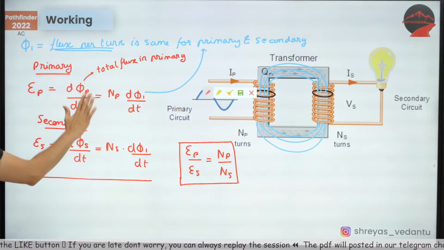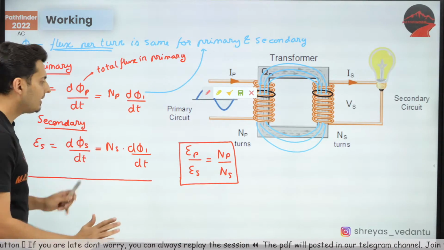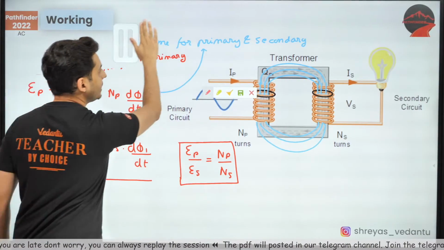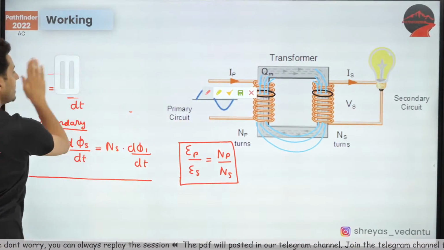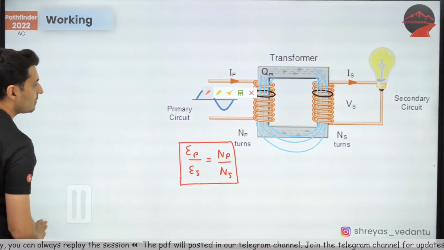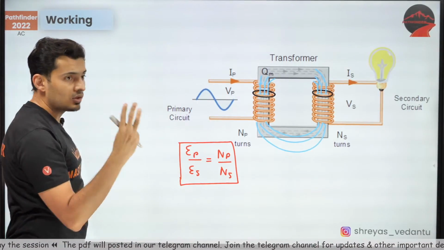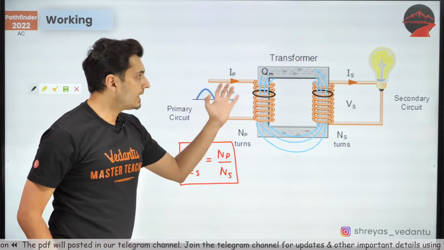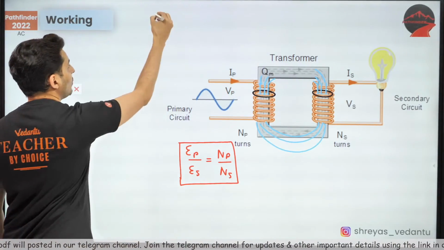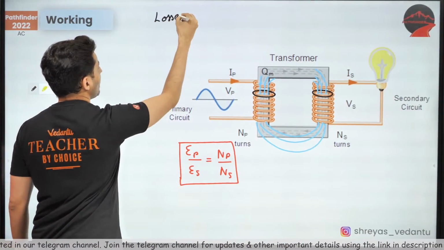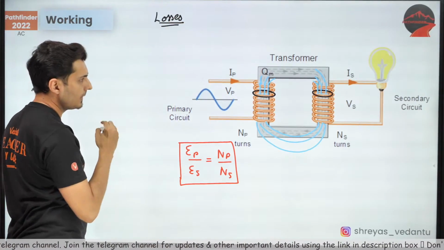Alright. So a very, very important derivation. The last thing you need to understand is for current. This is very important. Generally, there could be 3 kinds of losses in the case of a transformer.